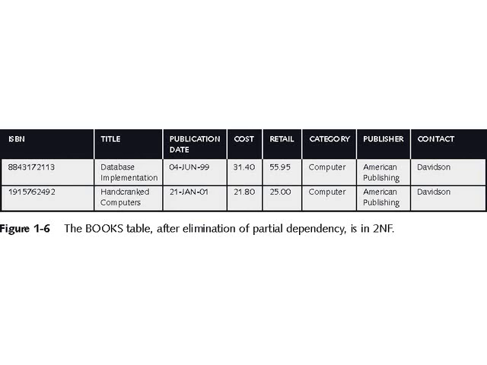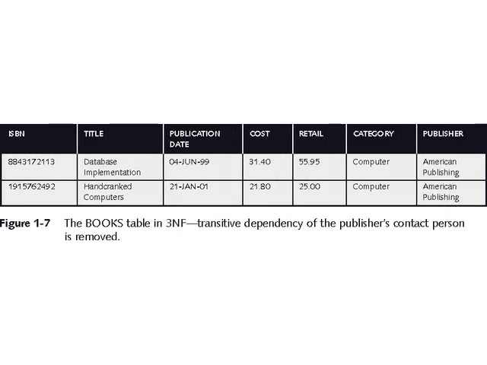Now, what is the third normal form? Well, third normal form is what you call the transitive dependency of publisher contact person being removed. What it means is that when you look at figure 1-6, you have a column called contact.